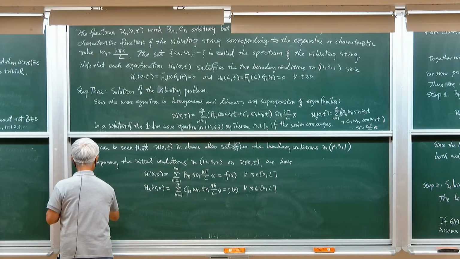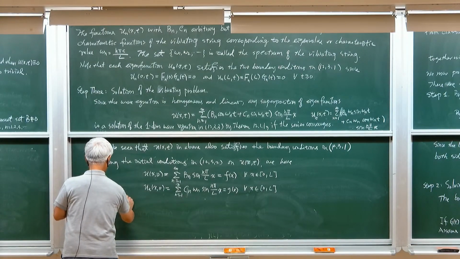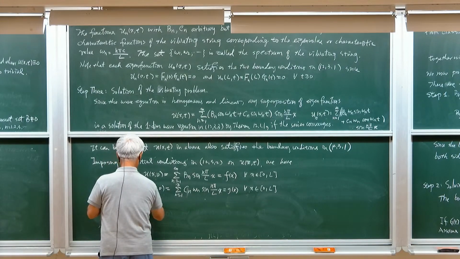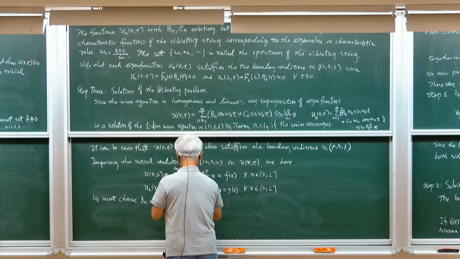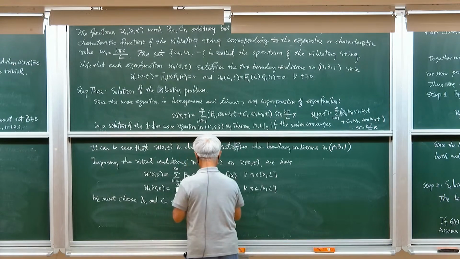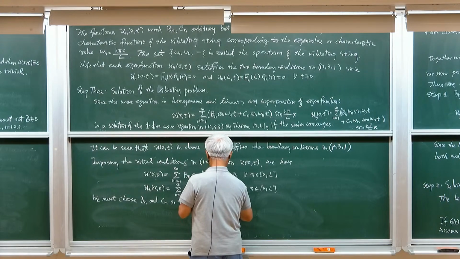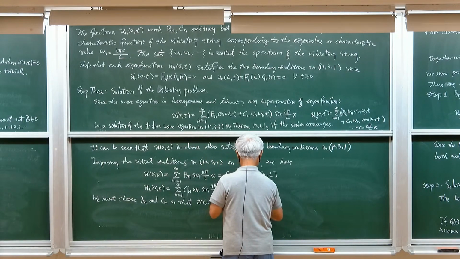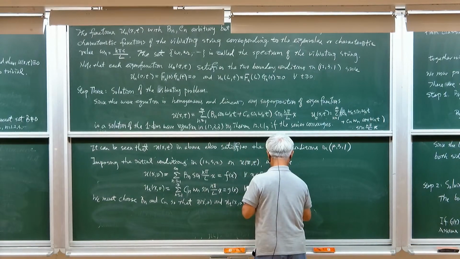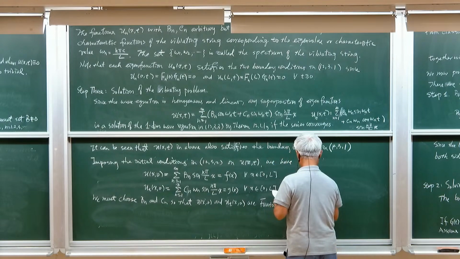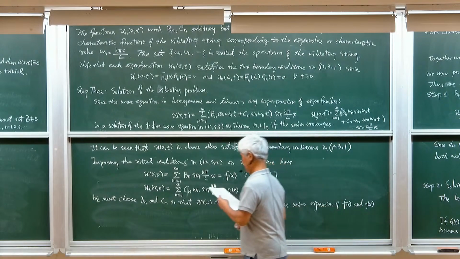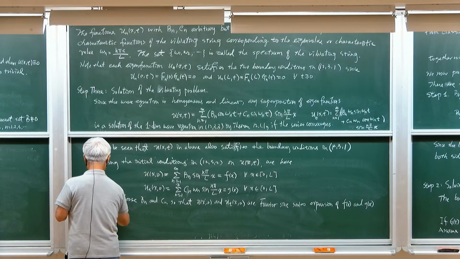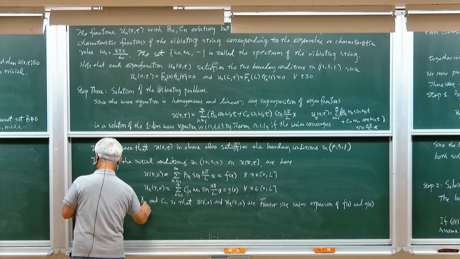Alright, so now we must choose Bn and Cn so that u(x,0) and u_t(x,0) are the Fourier sine series expansions of f(x) and g(x) on (0, L) respectively.